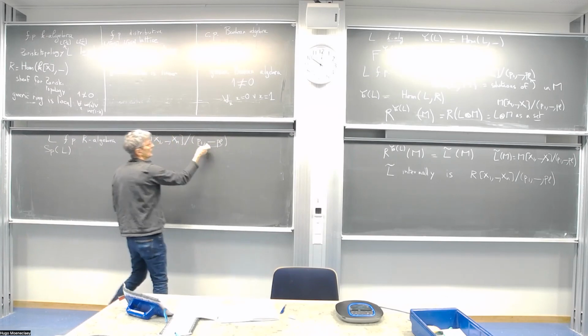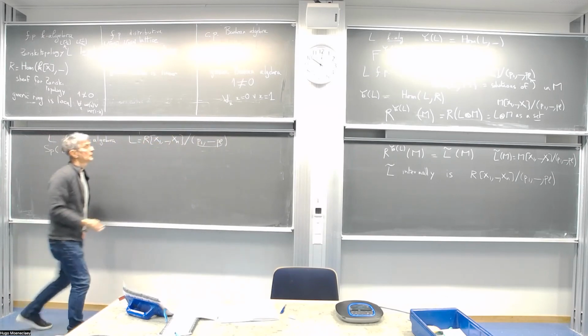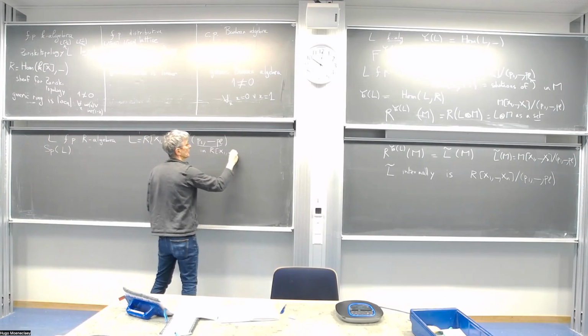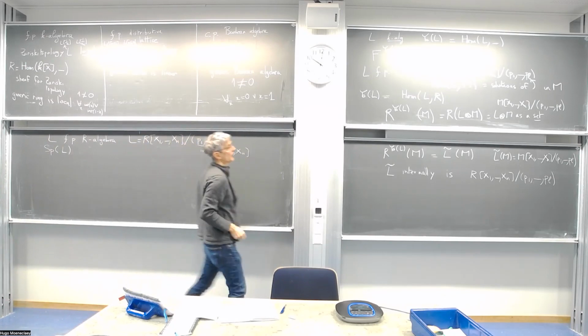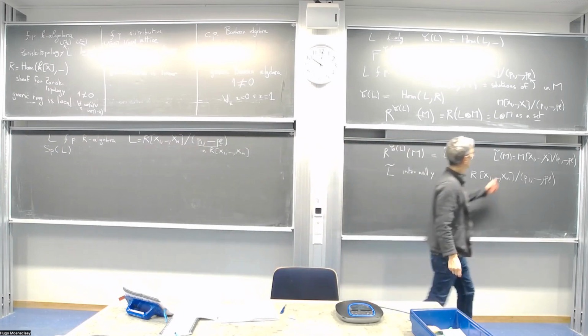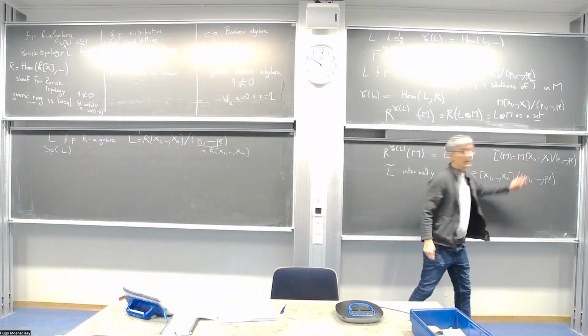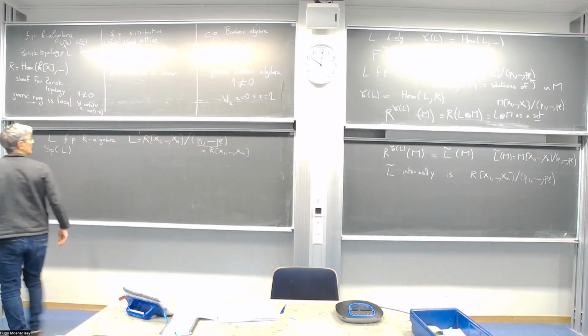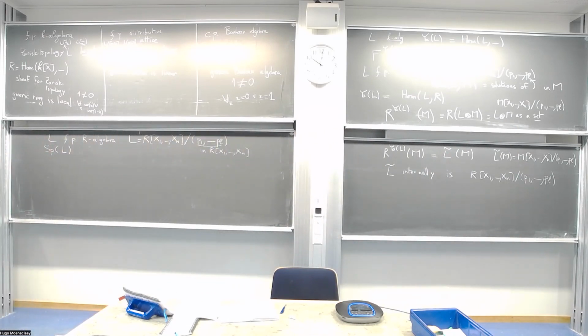But now those coefficients are in R. Before they were in K. That was a restricted version of this one. What happens? So that's this.